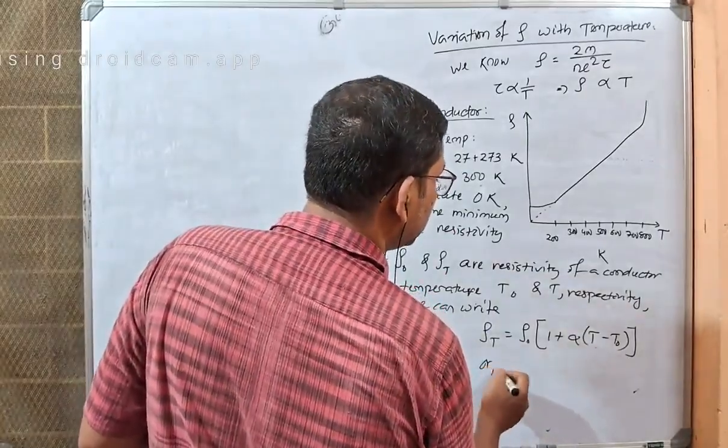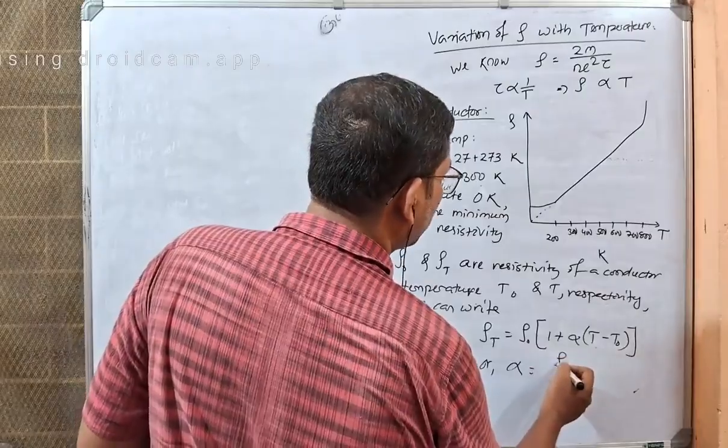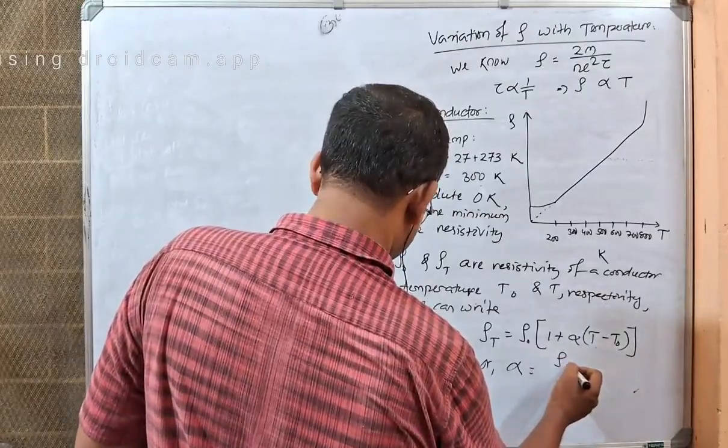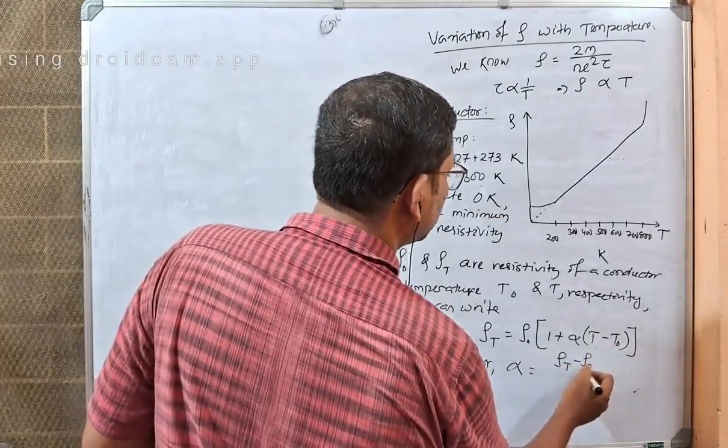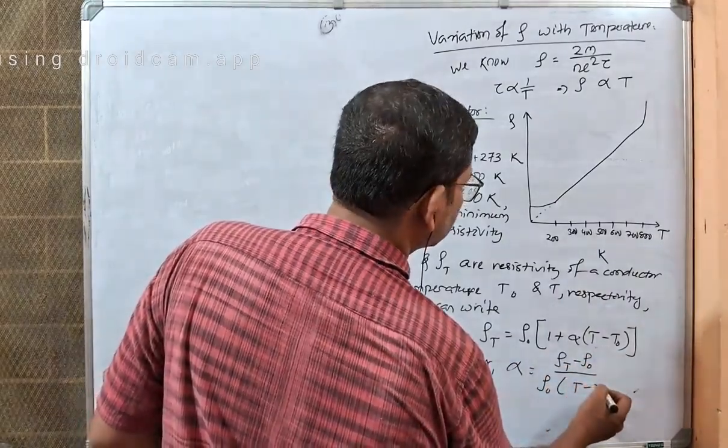Or simply, if I rearrange, alpha is equal to (rho T minus rho 0) divided by rho 0 times (T minus T0).